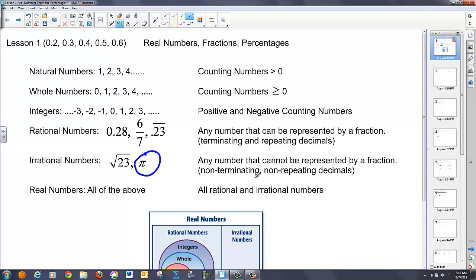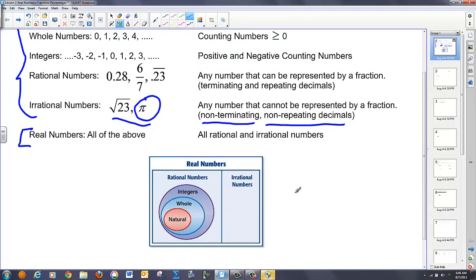And what we want to consider is whether that number is a non-terminating and non-repeating decimal. And each of those two that I've given as an example here are non-terminating and non-repeating. Now all of these different types of numbers are grouped in the real number system. And below what I've given you is a chart that describes where all these fit within the bounds of their classifications.